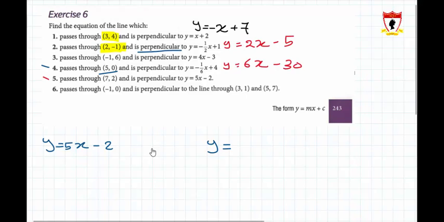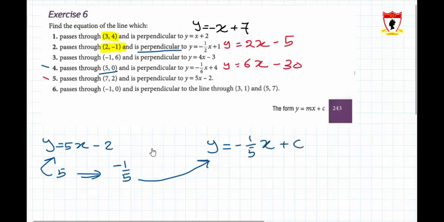Or in other words, this gradient is 5. If we make it upside down with the opposite sign, it will be 1 over 5. This 5 is positive, so it will be negative. So this will be the gradient of the other line, which is perpendicular to this one. Then the gradient is negative 1 over 5, so y equals negative 1 over 5x plus c.